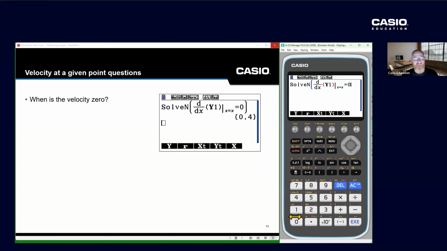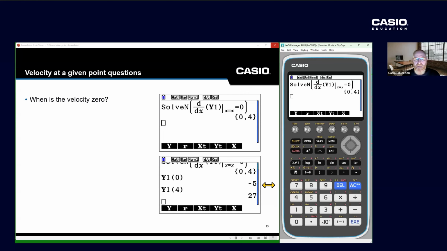Although actually, if it is equal to 0, you don't need to enter it, but for the sake of completeness, I'm just demonstrating that. Then when you execute, you get the two values of 0 and 4 for when my differential, or my velocity function, is equal to 0. So initially, obviously, it is stationary, and then also stationary at t equals 4.